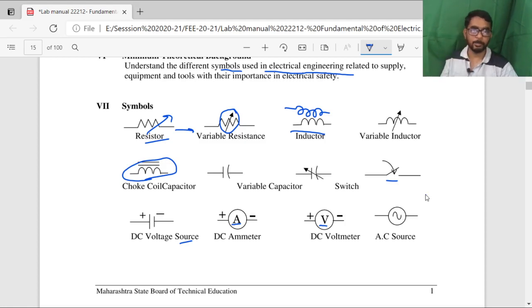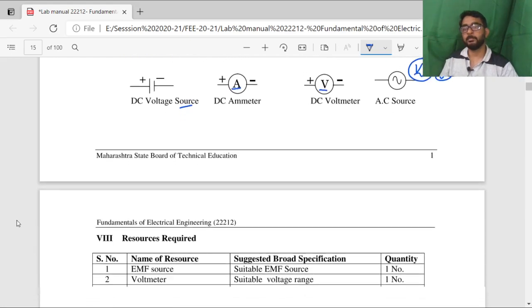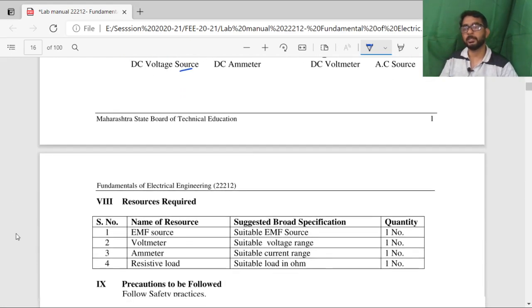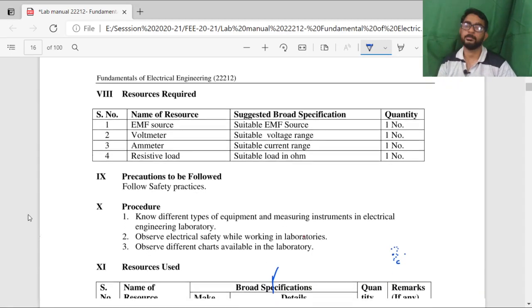Sometimes it is also drawn like this if it is a voltmeter, and like this if it is an ammeter. So please remember all the symbols used in electrical engineering.